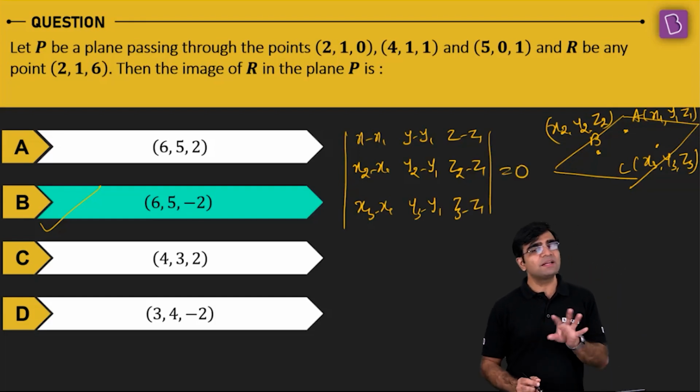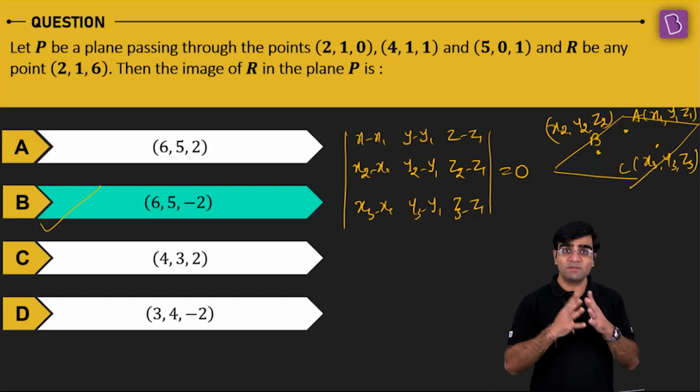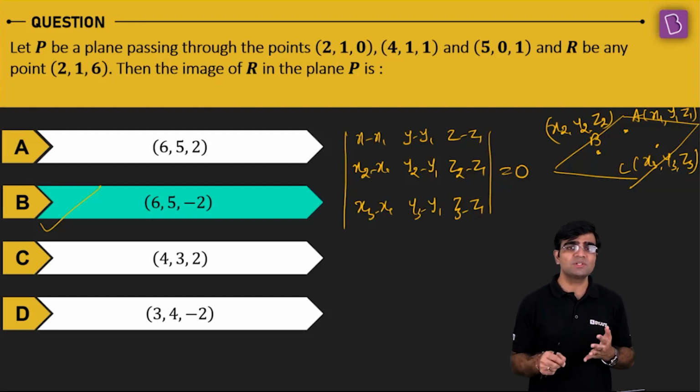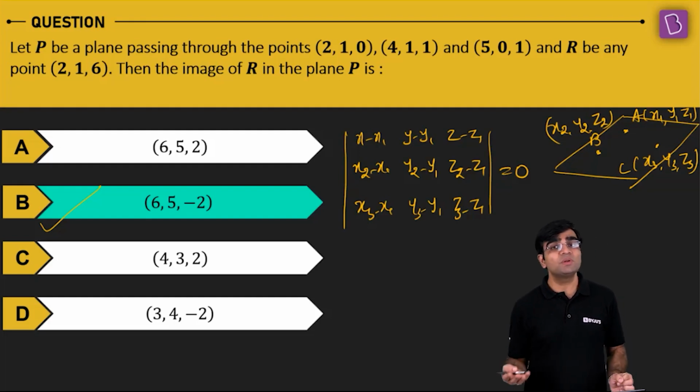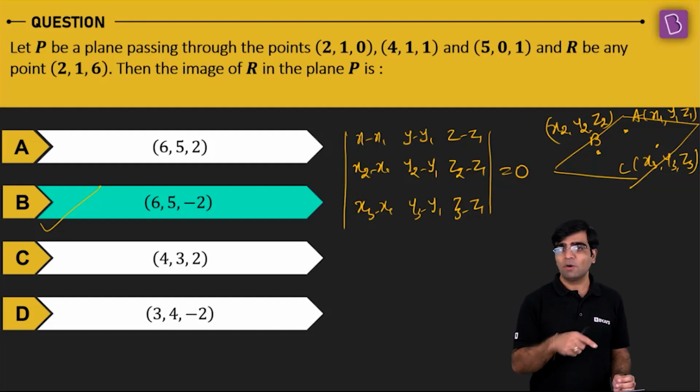Either you use this formula directly and reach the equation of the plane instantly, or, as we have done, first take the normal, then satisfy a point in that equation, get the constant d, and solve further. Instead of that, you just plug the values into this formula. This will immediately lead you to the same equation of the plane, x plus y minus 2z equal to 3, which we obtained by the other method.